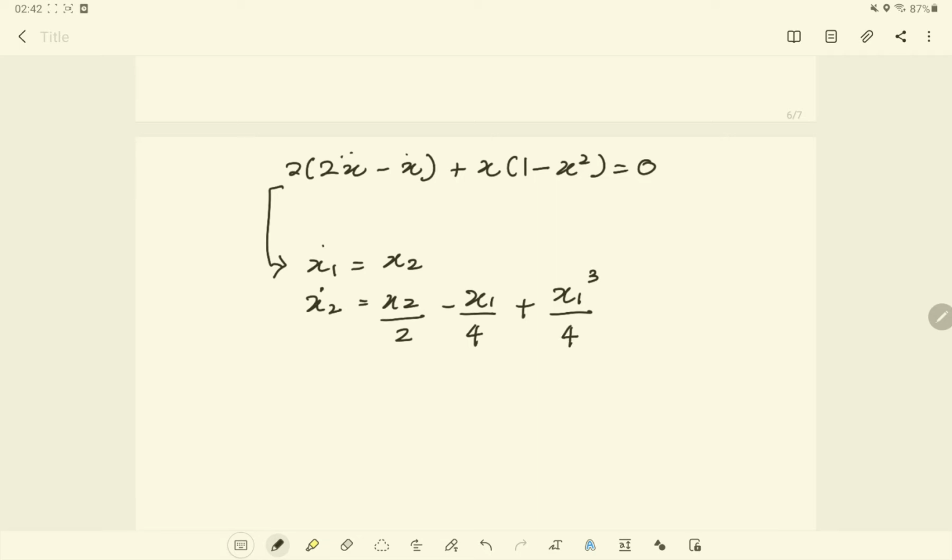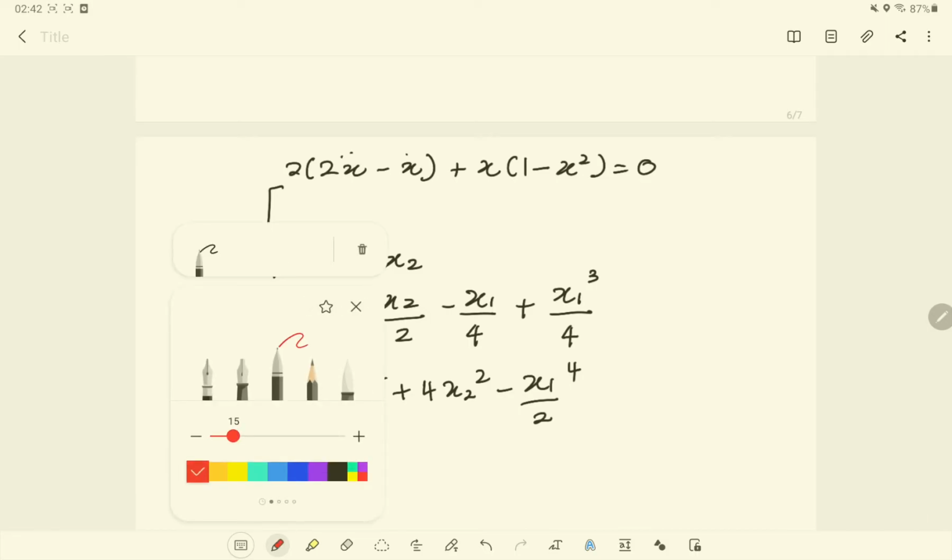Then the system gives you the Lyapunov equation for this particular system. V equal to x1 squared plus 4 x2 squared minus x1 to the power of 4 over 2.